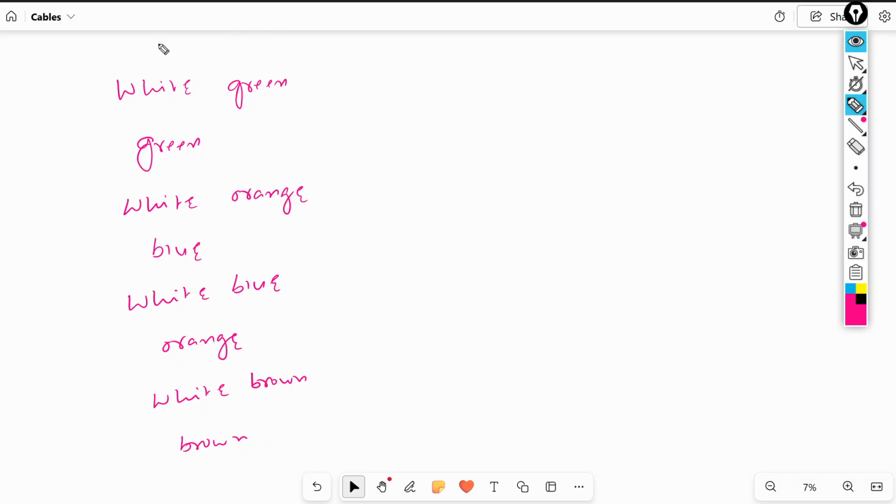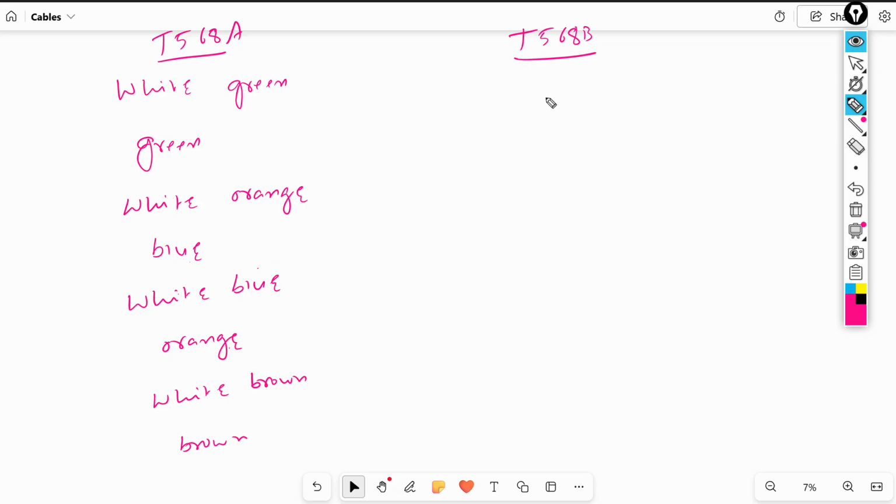One is the T568A standard. Another one is the T568B standard. So this standard is nothing but color order. In 568A, this is the color order: the first pin, first cable should be white green, then green, white orange, blue, white blue, orange, white brown, and brown.